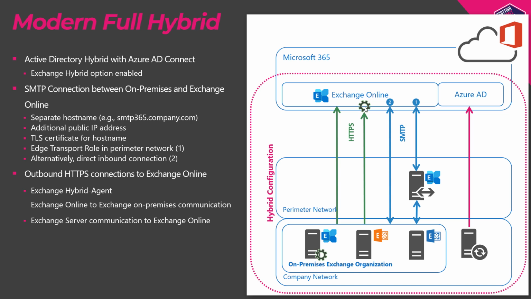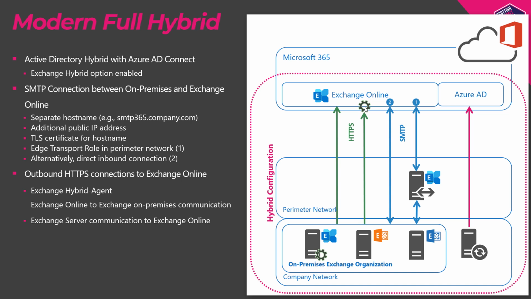In addition, the same requirement is true for your internal servers to connect to Exchange Online to fetch information for themselves. So you do have two different kinds of outbound connections. One is done by Exchange server directly, fetching information from Exchange Online, and you do have an Exchange hybrid agent, a small little Windows service, which connects and registers to Exchange Online and is responsible for queries by Exchange Online to your internal organization.